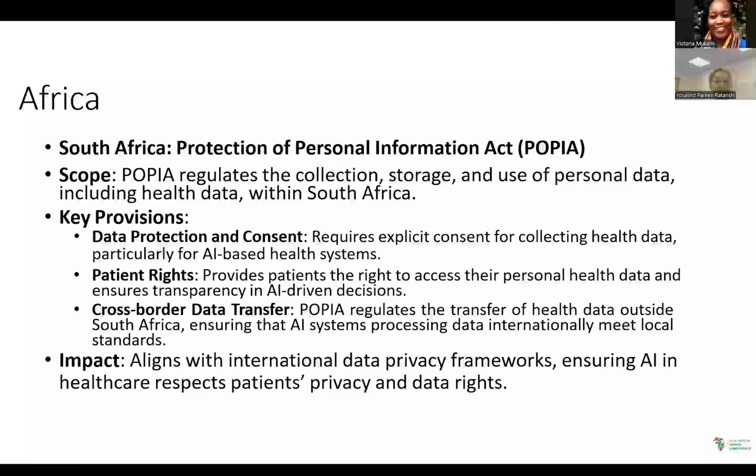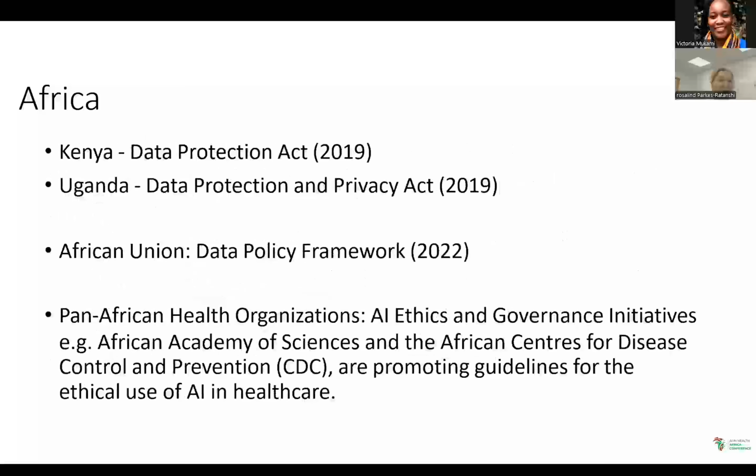In Africa, South Africa is probably doing better than the rest of us. They have a Protection of Personal Information Act. Other countries in our part of the world, so Kenya and Uganda, have data protection acts that really are not AI specific, but they do talk about data protection.